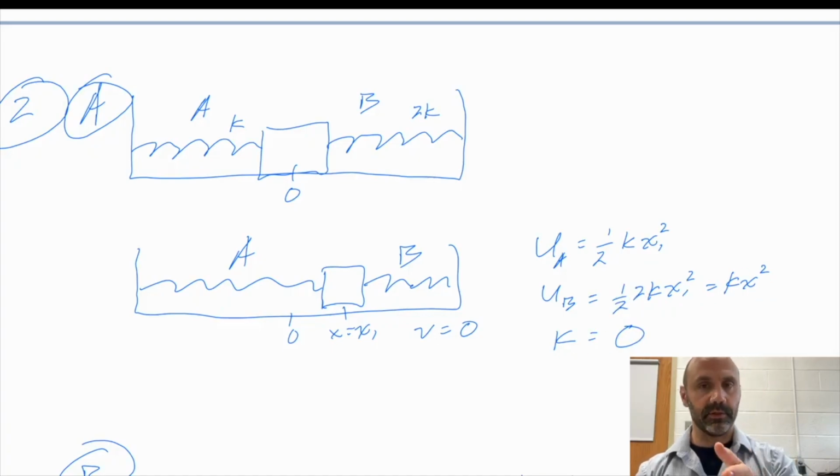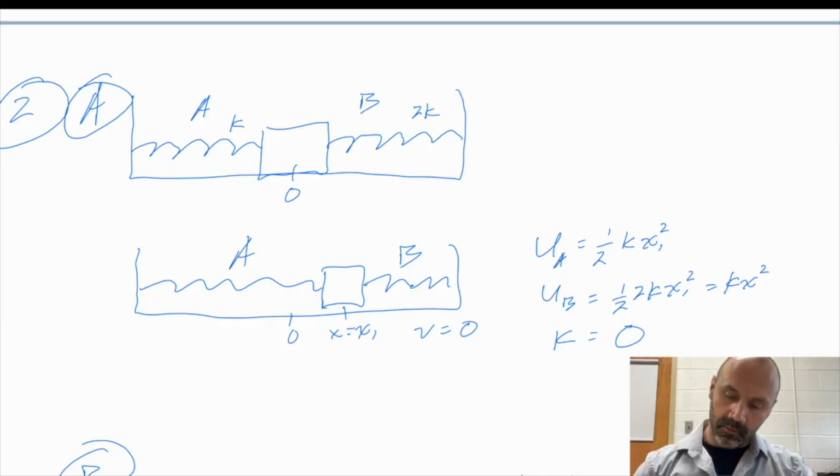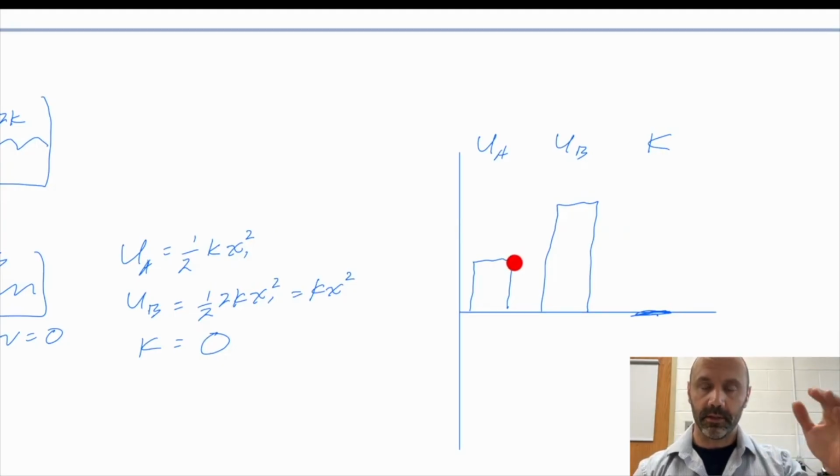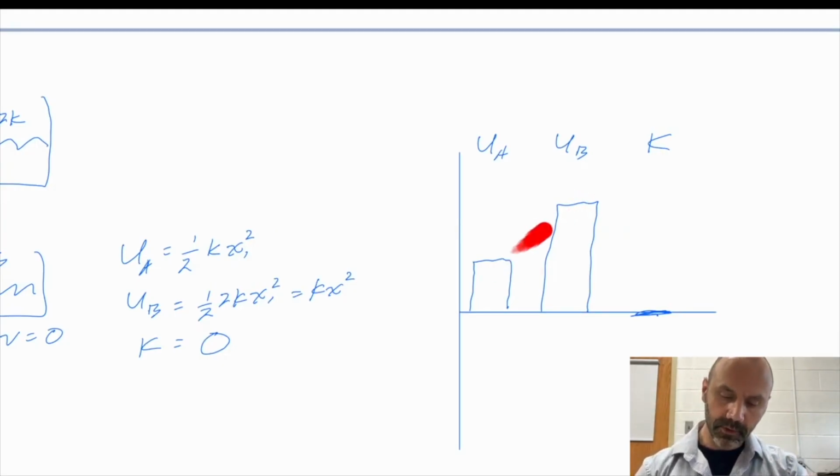And the kinetic energy is 0. It's released from rest at that point. When we draw the bar chart, that means that UB should be roughly twice as high as UA. You've got the grid lines on the response paper, so you should be able to get that. And then K should look like 0. Okay, so that's part A of the question.